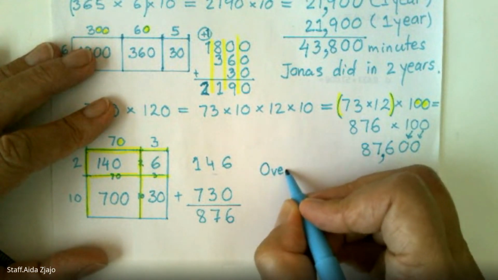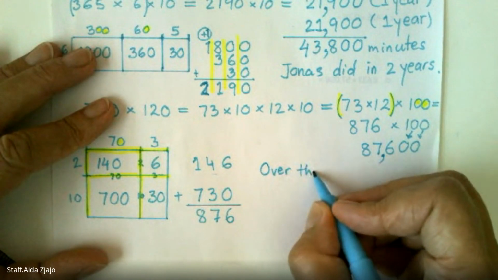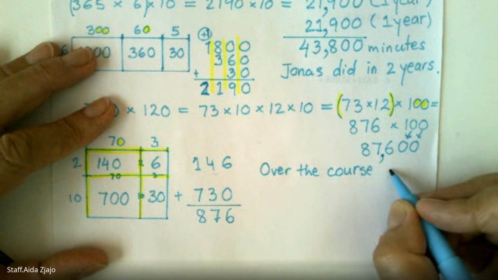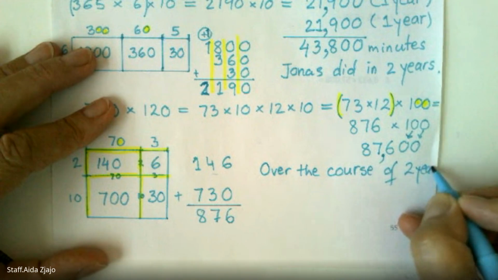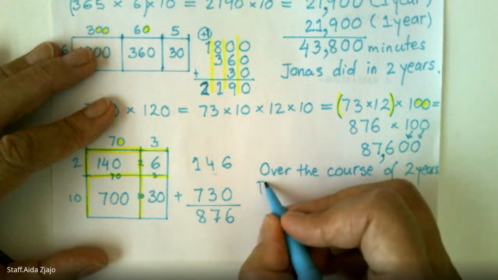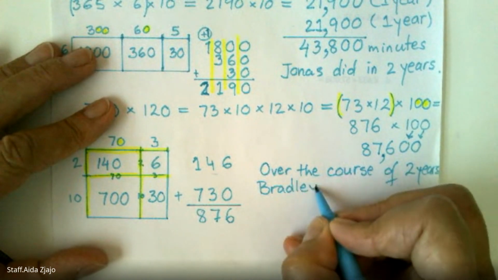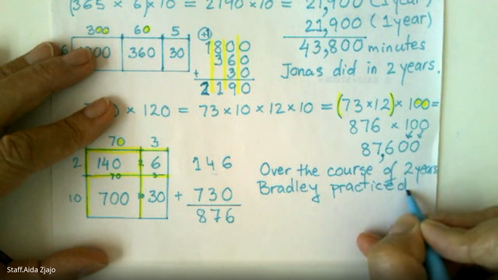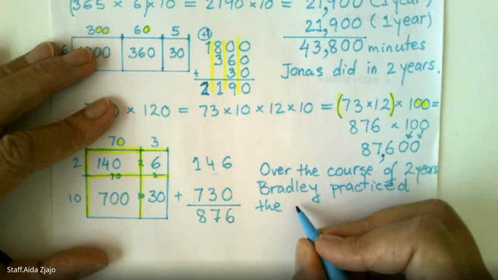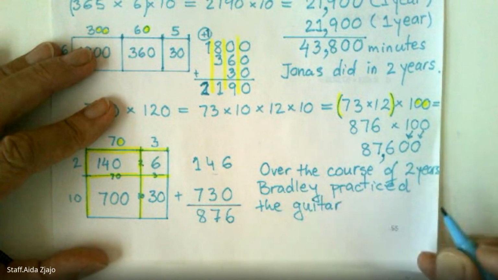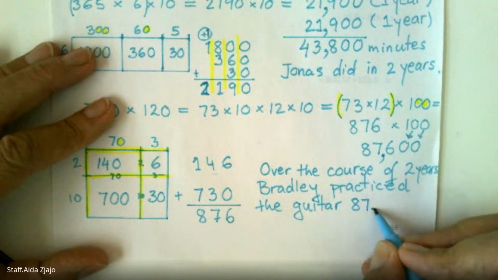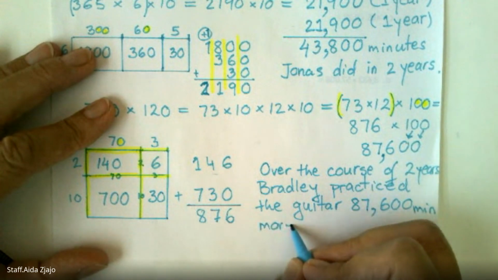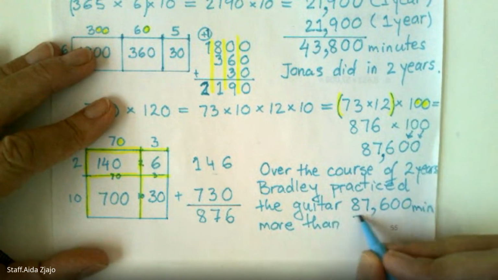Over the course of 2 years, Bradley practiced the guitar 87,600 minutes more than Jonas.